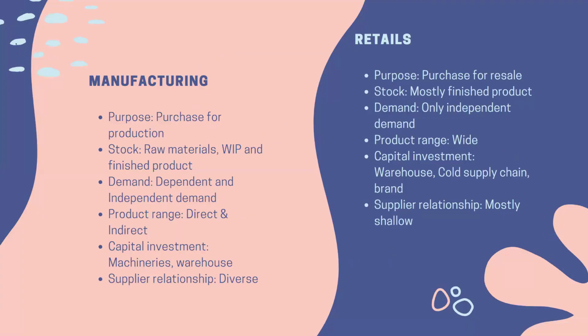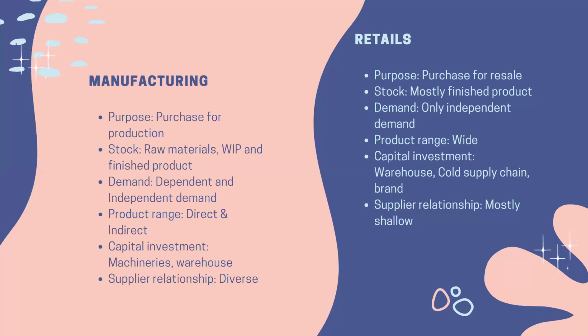Typically, for writing the answer, you need to understand the nature of purchasing for manufacturing and purchasing for retail. With retail, the purchase is of finished products, and the purpose is to resell. So the product range will be very wide, and you need to adapt quickly to customer demand.